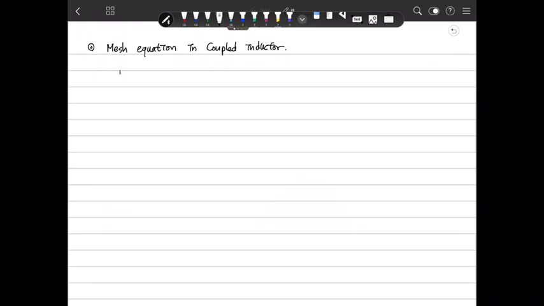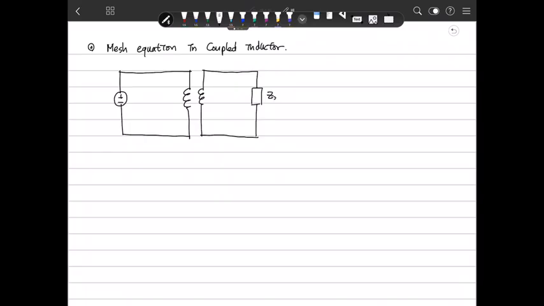So we have a simple circuit here. This coupled inductor here, and one impedance in here. This is G2, and then this is the mutual.